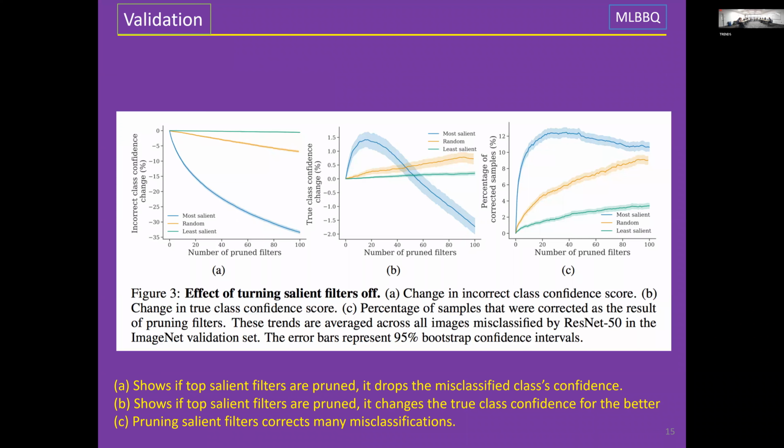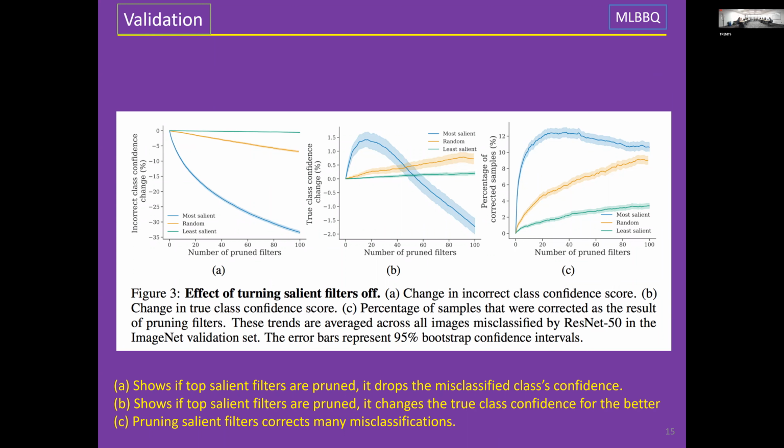So the first one is incorrect class confidence. When they zero out the malfunctioning parameters, they use three metrics. The first metric is incorrect class confidence. Ideally, if they want to validate that those are the malfunctioning parameters, the confidence of the incorrect class should decrease.